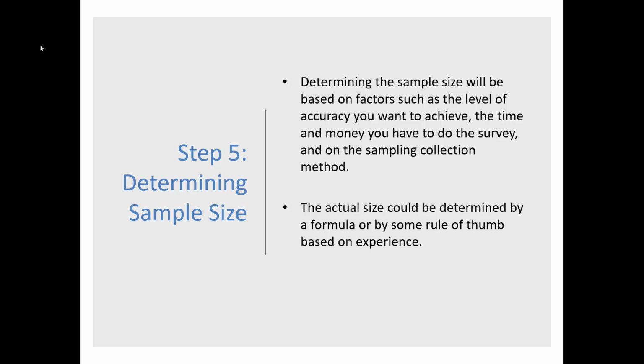Okay, so that's that slide. Step number 5, determining sample size. Determining sample size will be based upon factors such as the level of accuracy you want to achieve. For example, as we talked about earlier, if you want to increase your sample accuracy and reduce margin of error, then you probably need to significantly increase your sample size. You also need to consider how much money and how much time you have to do the survey, and the sample collection method. There's a chapter in our textbook on determining sample size.